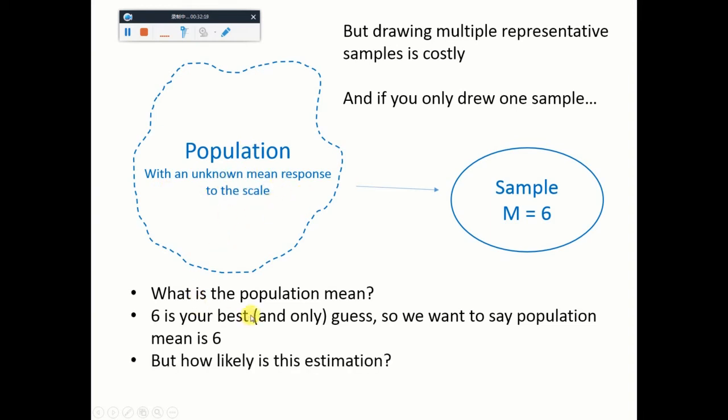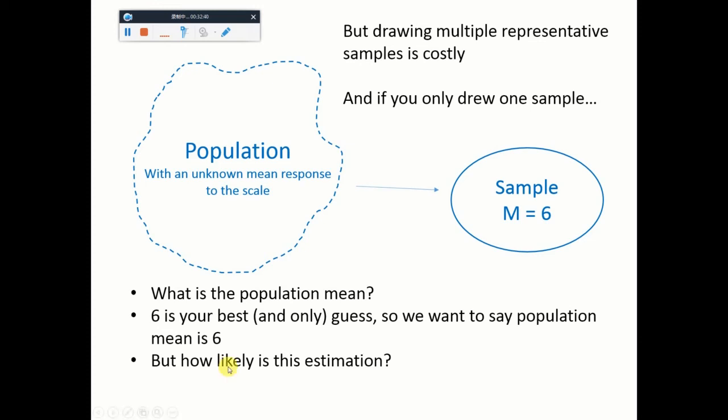So a natural question to ask, following making our guess, is: if we say that 6 is the population mean, then what's the probability of our guess being correct?